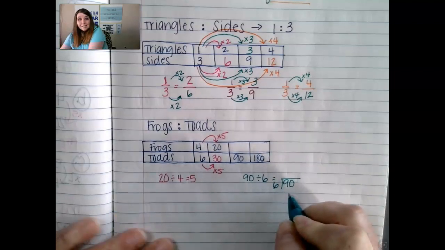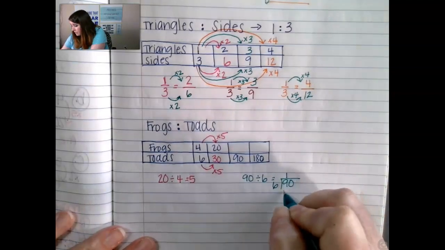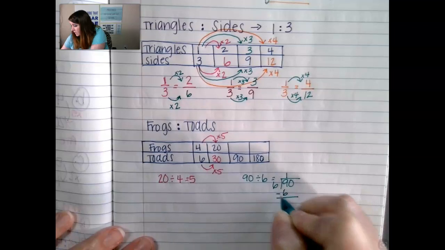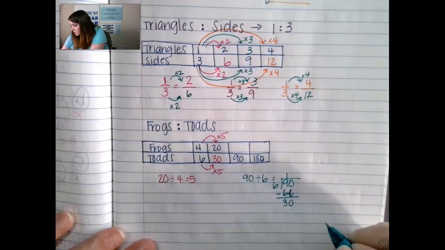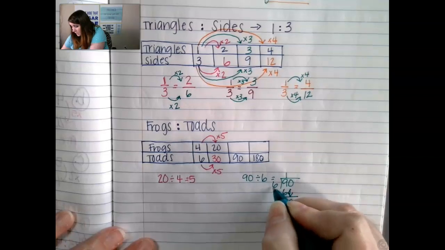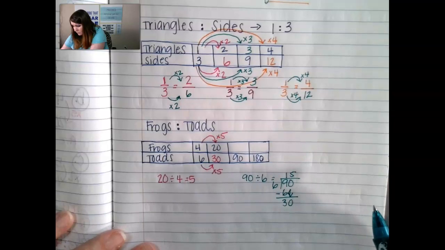Well, I know that 6 goes into 9 one time with 3 left over, right? So when I subtract, I get 3, and I need to bring down my 0, which is 30. So 6 goes into 30 5 times.